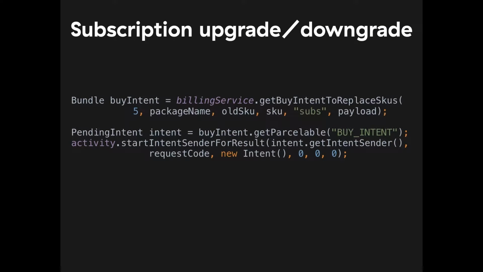Another thing that is special for subscriptions is that once you buy some subscription, it is possible you need to upgrade or downgrade that subscription with another one. That's where the API version 5 gets in, because this version you don't have in billing service API 3.